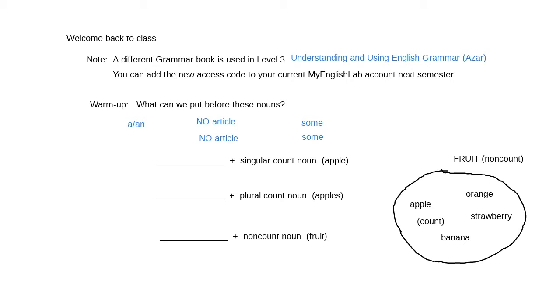And then we have non-count nouns. And who can tell me what those are? What does it mean, non-count? Go ahead, Sue. You can count it. Now count noun means the whole thing, and it's only singular.